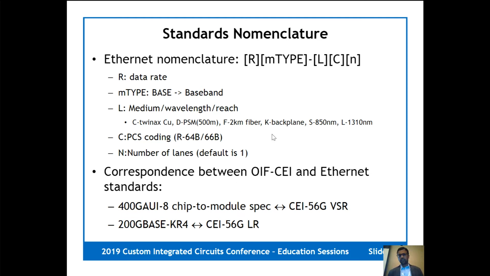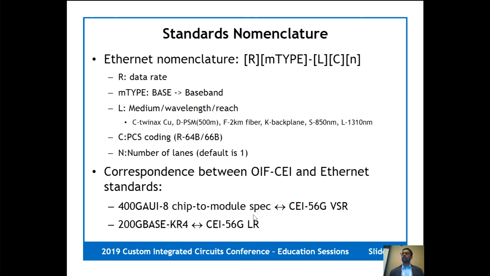And similarly, the other common ones are 100 gig KR4 or 100 gig KR or 100 gig KR2, things like that. And typically, the electrical interfaces, like the chip to module interface that we saw before, they have slightly different terminology depending on whether you're looking at coming from the Ethernet side or OIF CEI. And there's actually almost a one-to-one correspondence between the two specs.